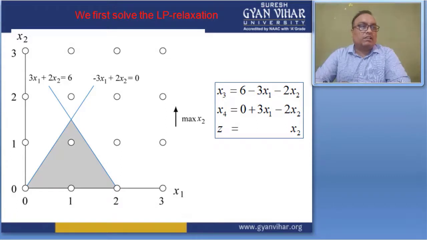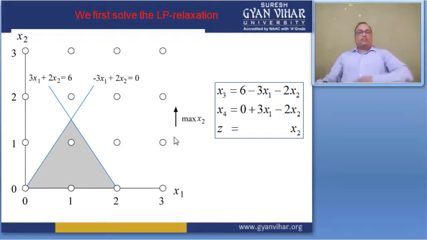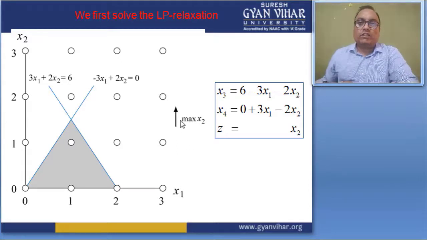Here two lines can be drawn by this method: 3x1 plus 2x2 equal to 6 and minus 3x1 plus 2x2 equal to 0, right? These are the two lines, and the x2 value increases as we go above. So this is the case of solving the linear programming relaxation problem.